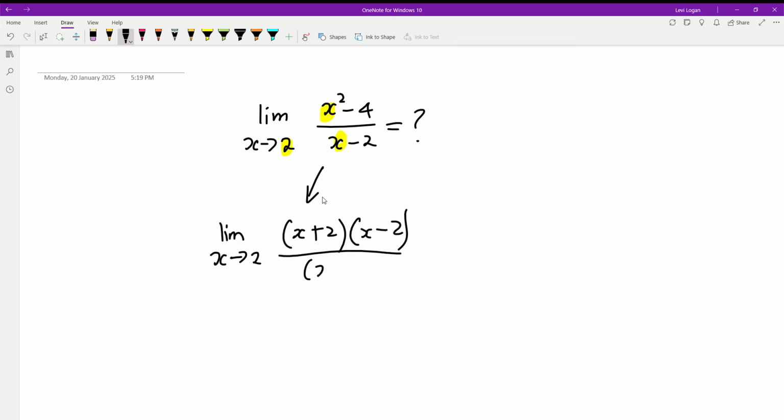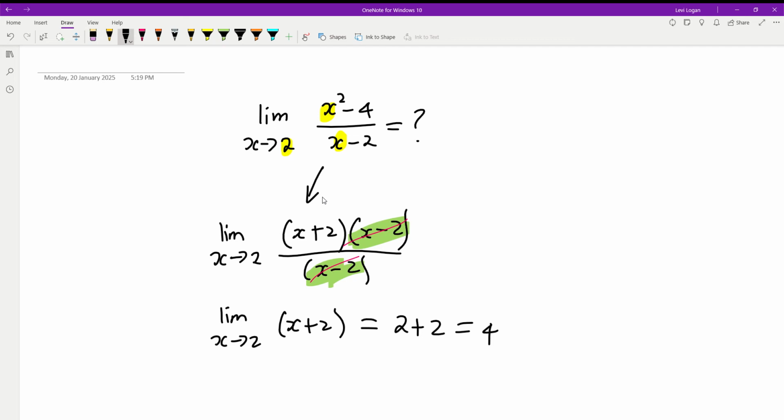Now, because we factorized that, we can clearly see that these are in common, meaning you can cancel them out. So what we're left with is the limit as x goes to 2 of x plus 2. Now here we can just plug in 2, so we get 2 plus 2, so the limit is 4. Another way to do it is L'Hopital's rule.